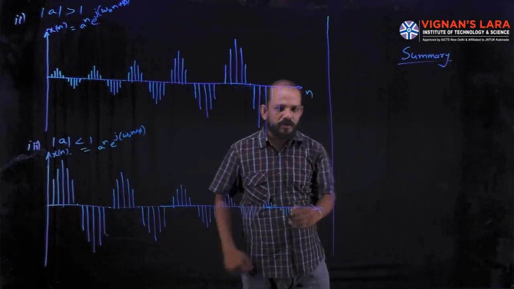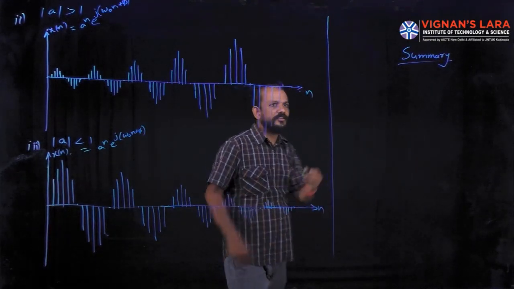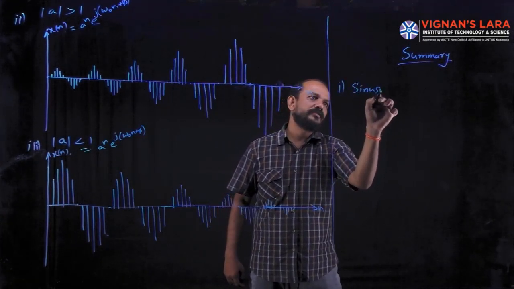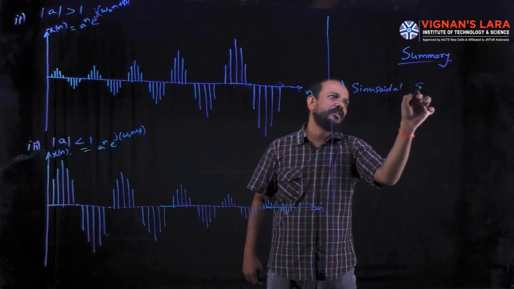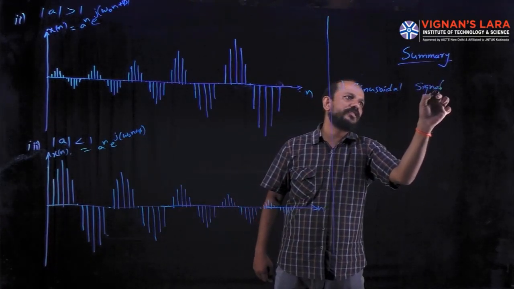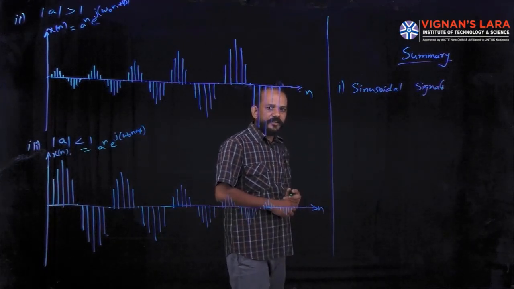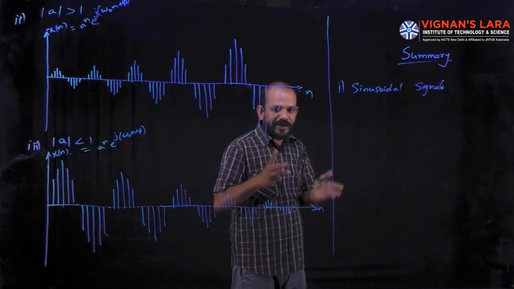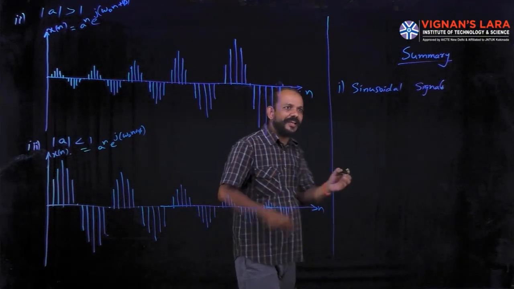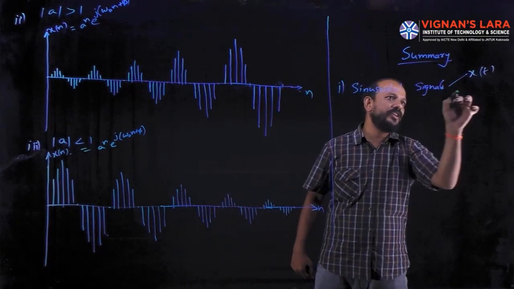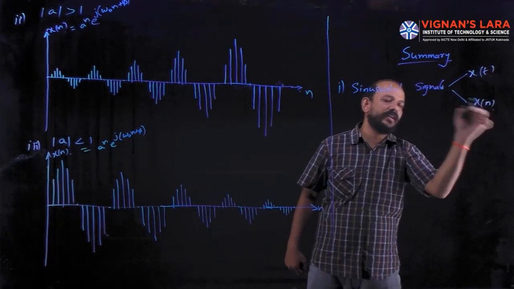In that, first I started with sinusoidal signals. In the sinusoidal signals, I explained both continuous time and discrete time, that is, x of t as well as x of n.